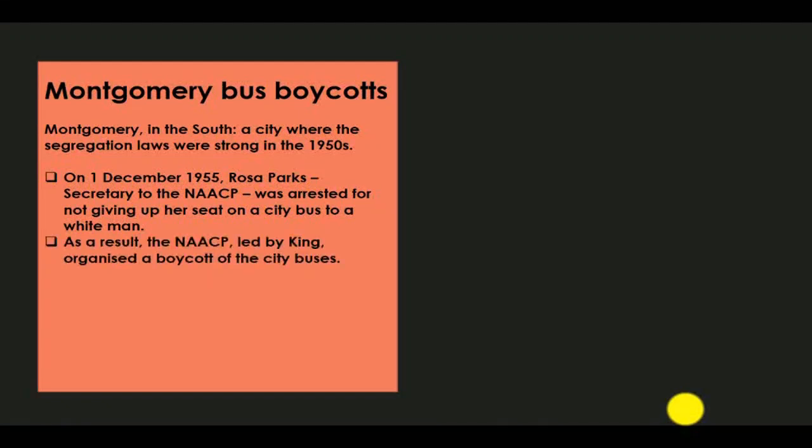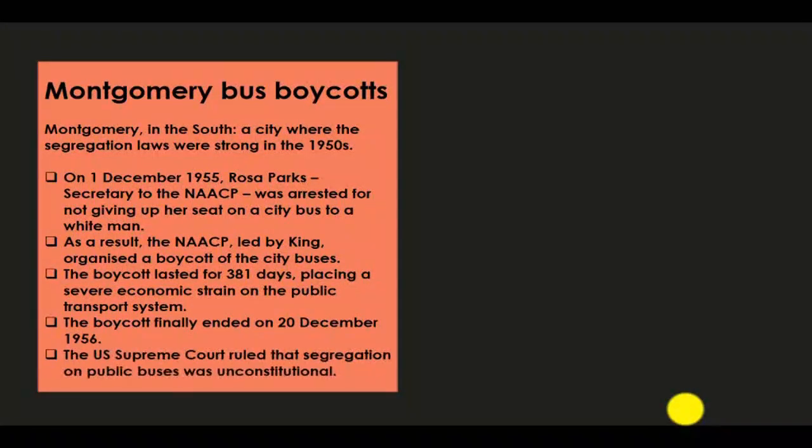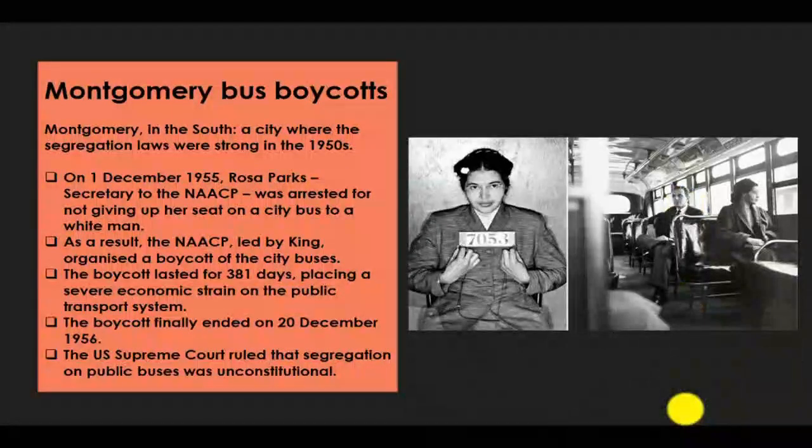As a result, the NAACP, which was led by King, organized a boycott of the city buses, and the boycott lasted for 381 days, placing a severe economic strain on the public transport system. It finally ended on the 20th of December 1956, and the US Supreme Court then ruled that segregation on public buses was unconstitutional.